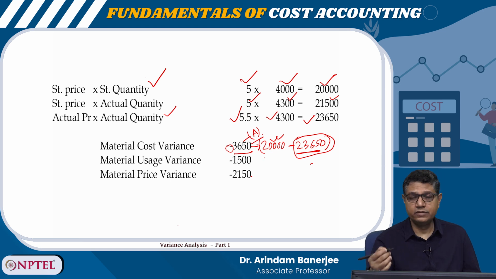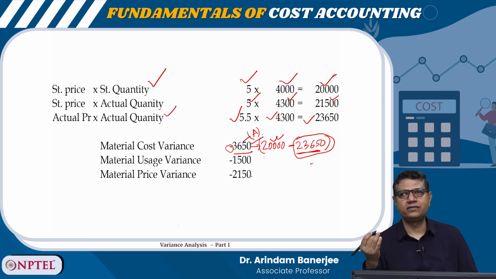Now this material cost variance can happen because of two reasons, as we discussed. The first reason is variation in usage. I anticipated some usage, but actual usage is different from standard usage.